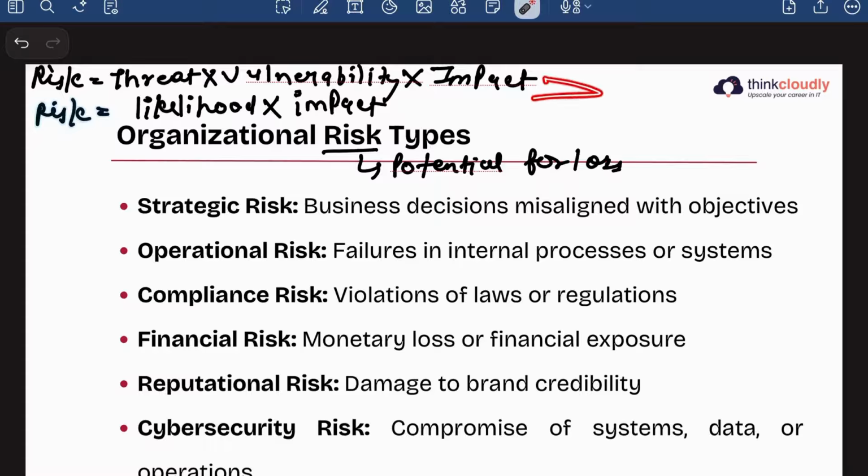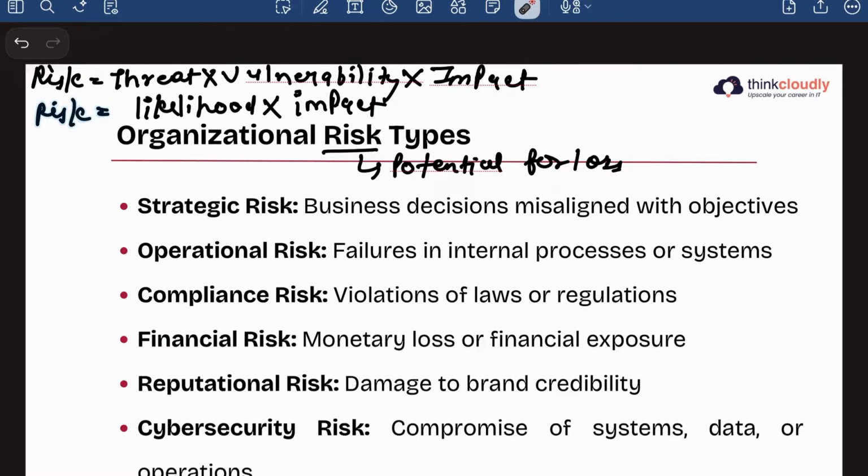Now there are a lot of types of risk, obviously, but in cybersecurity or IT, the types of risk which you will majorly come across are strategic risk, risk related to organizational decisions; operational risk for process failures; compliance risk for non-compliance of any rules, regulations, all these things.